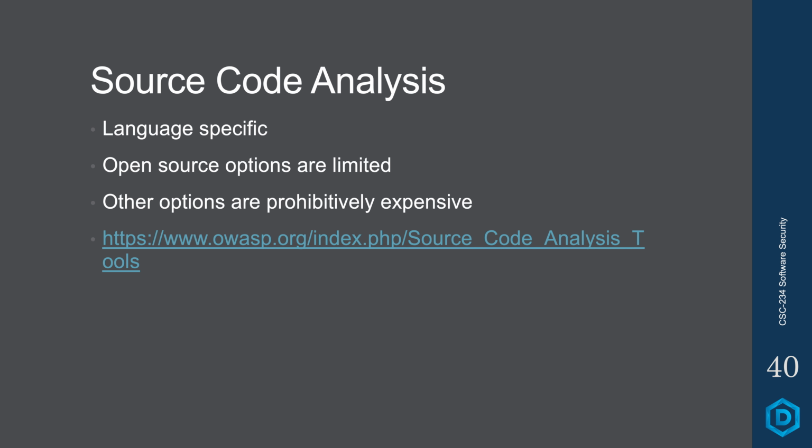The open source options that are out there, they're not always the best. There are some limitations to them, and some of the more effective options are very expensive. And you can follow the link here on this page to the Open Web Application Security Project site, or OWASP, where they list out some of the tools.